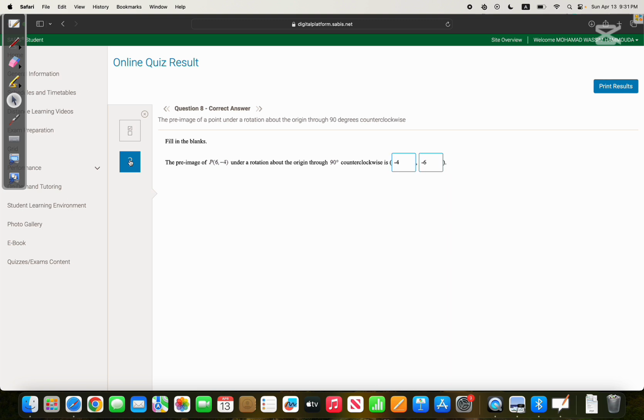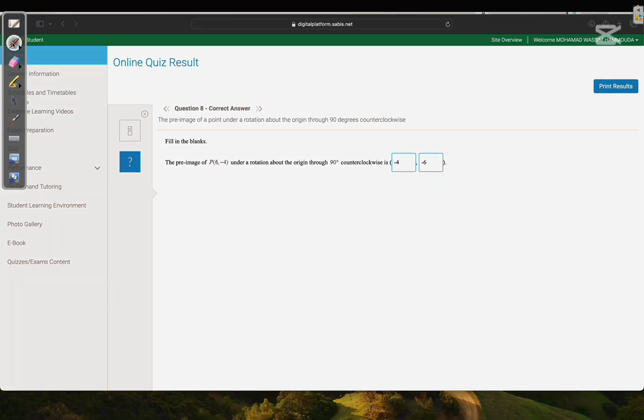Number 8. The pre-image of P (6, -4) under a rotation about the origin through 90 degrees counterclockwise is. First, let's remember the rule of 90 degrees counterclockwise, CCW. That will be (-y, x).